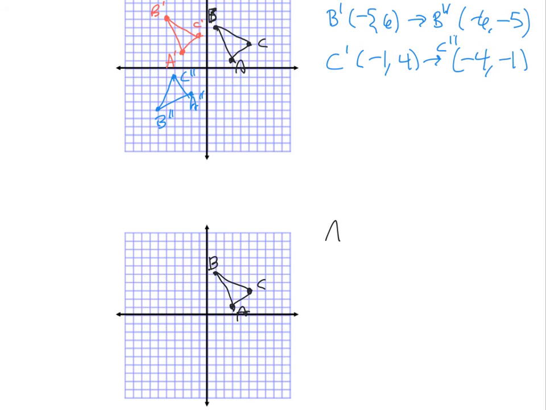So our A prime, okay, A was at 1, 3. So 1, 3 is going to now go to negative 3, 1. B prime, that's at 1, 5, so negative 5.